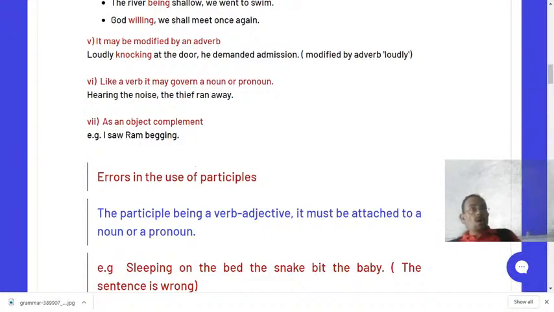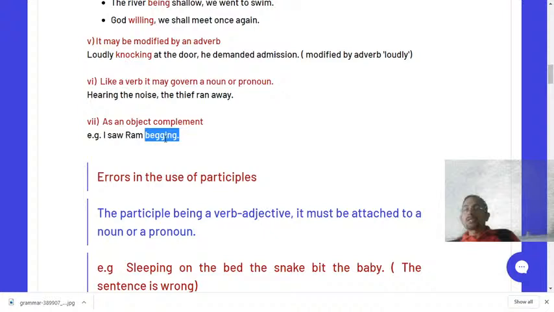As an object complement: I saw Ram begging. You can see the word begging is used after the object Ram, therefore it is used as a complement to the word Ram, and so it's called an object complement. Whenever any ing word is used as an object complement, it is also called a present participle.